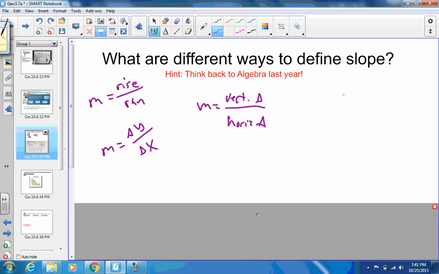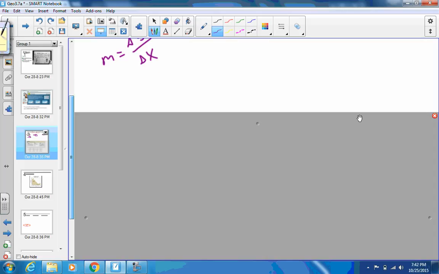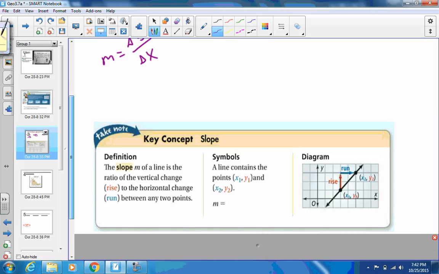Maybe you just think of steepness. Slope really is the steepness of a line. That's pretty much the basic definition of slope. Trying to think of other ways you can describe the slope other than using the actual slope formula, here's another way.